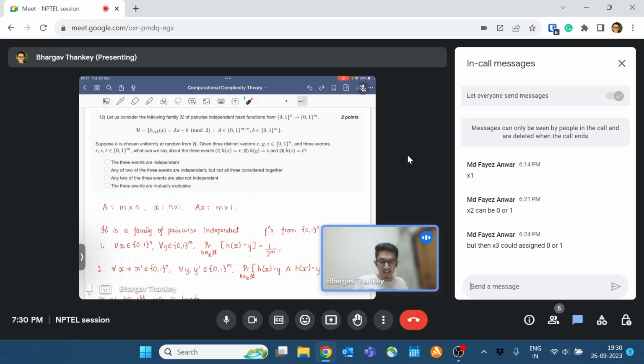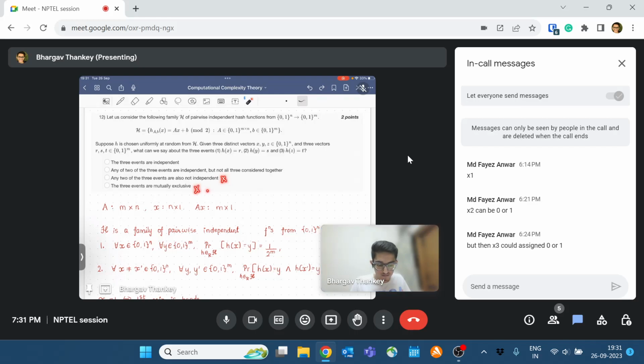That's the very definition of independent functions, right? Yes. And all three events are mutually exclusive. That we can also rule out because independence does not imply mutual exclusiveness. In fact, they are the exact opposite of each other. So we can rule out these two.